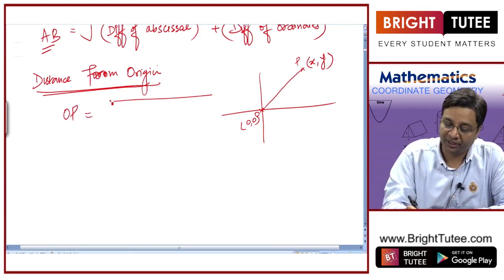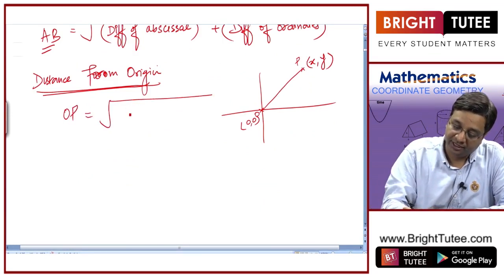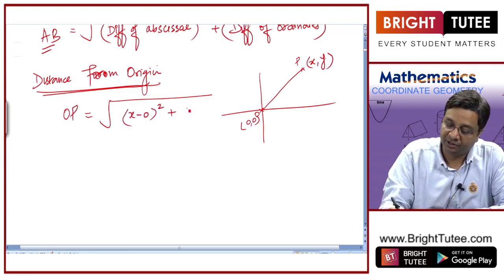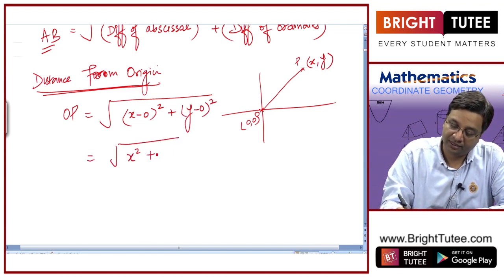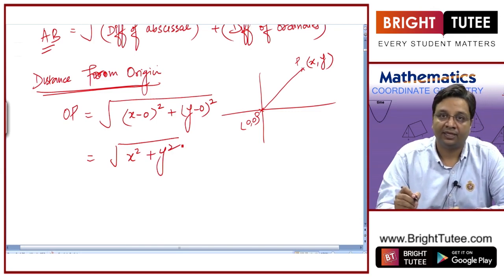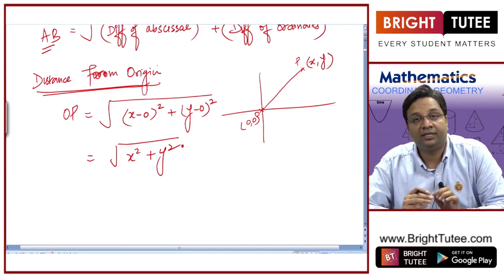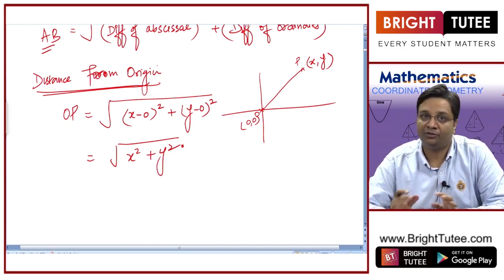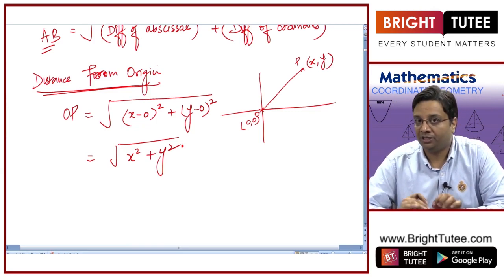What will be the distance OP? Difference of abscissae x minus 0, squared, plus difference of ordinates y minus 0, squared. So it will be the root of x square plus y square. So if you have to calculate the distance of any point from the origin, you simply square the abscissa and ordinate, then add them and take the square root.